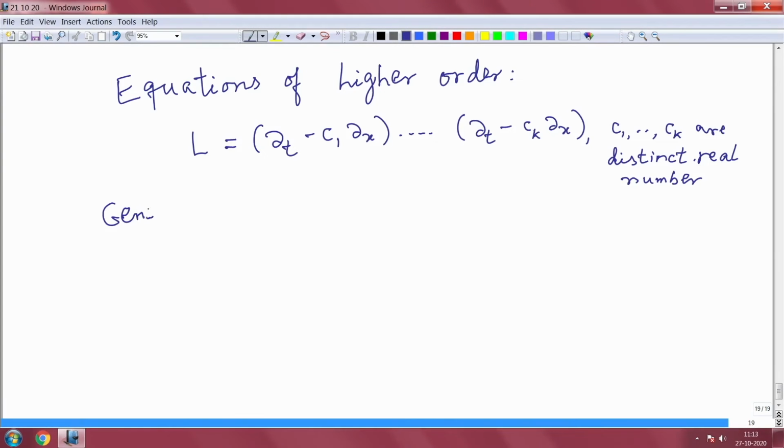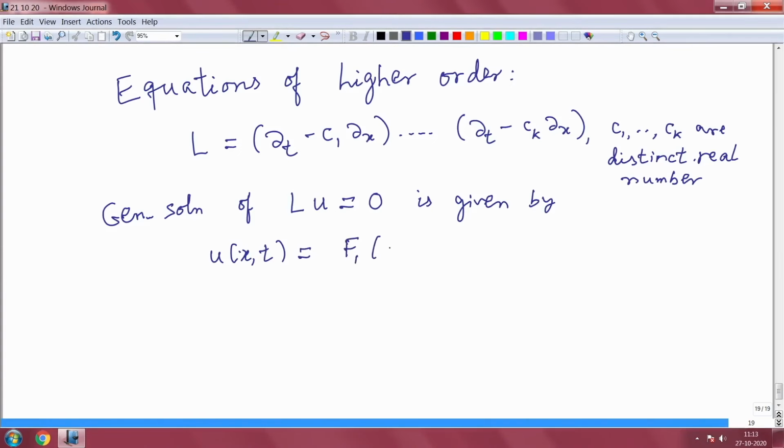This just follows from an induction argument. So, I will not do the details, you can do it yourself. The general solution of LU equal to 0 is given by u of x, t equal to f1 of x plus c1 t plus etcetera.